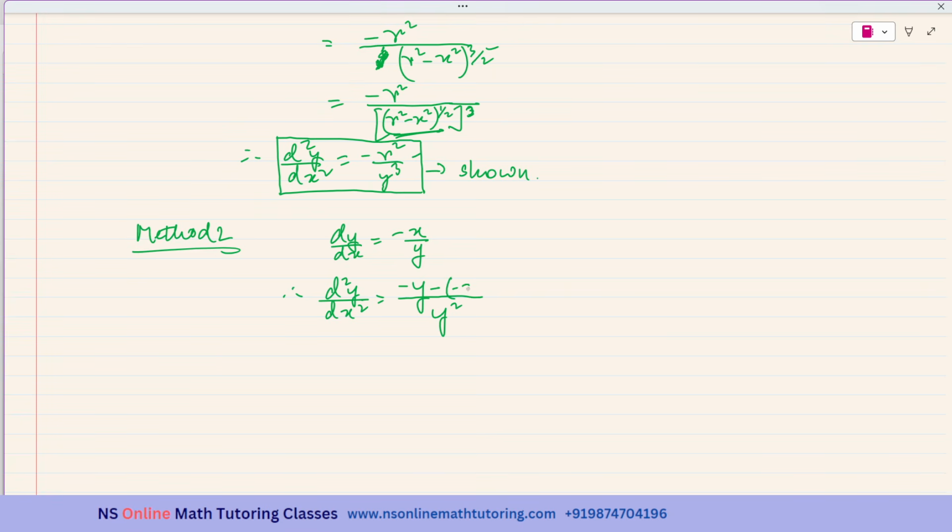So minus of minus x, u is minus x, and v prime, v is y, so v prime will be dy by dx.